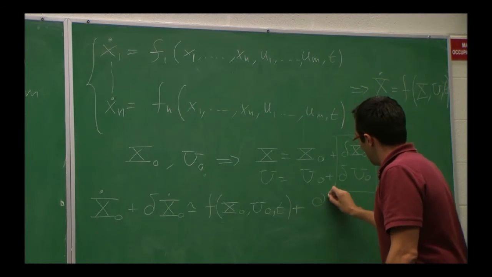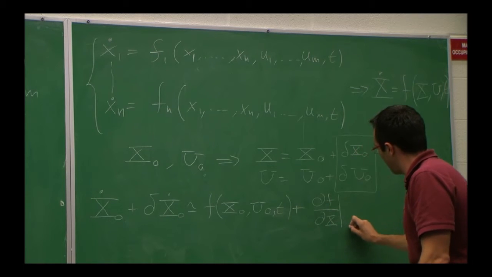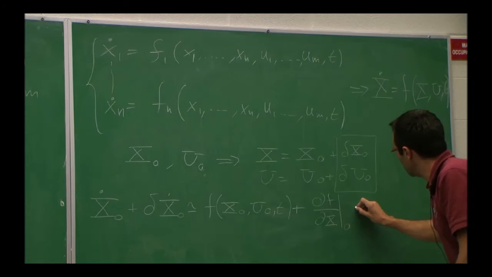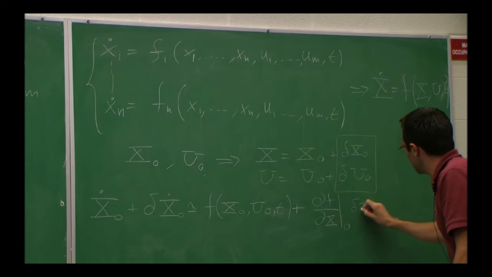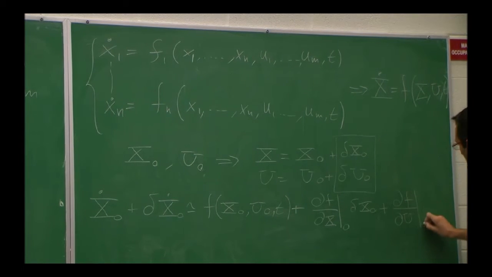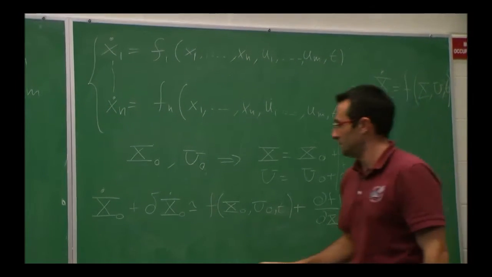Plus this, which is called the Jacobian of f computed at the linearization point. Seen this before? I hope. Delta x0, plus the Jacobian of f with respect to u, now at the linearization point, multiplying delta u0.